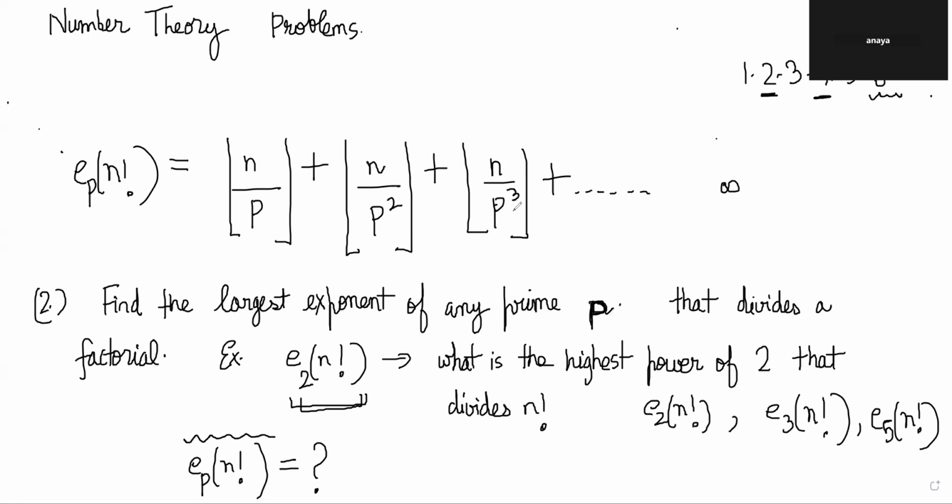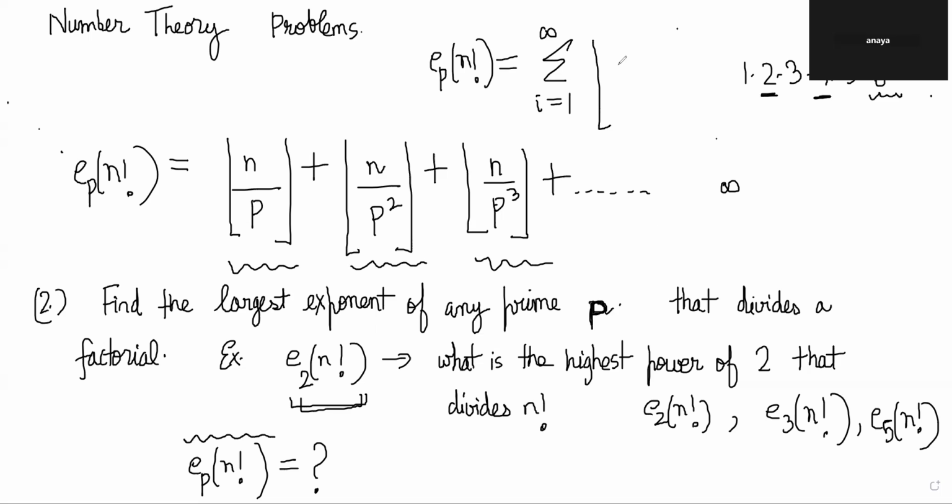Obviously, when the powers keep increasing, eventually p power k would become bigger than n, and it would become 0. So this sum will automatically terminate, it will not go on forever. So this can be written as EP of n factorial is equal to summation, i goes from 1 to infinity, floor function of n divided by p power i.